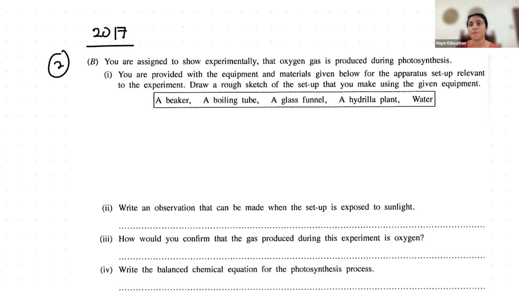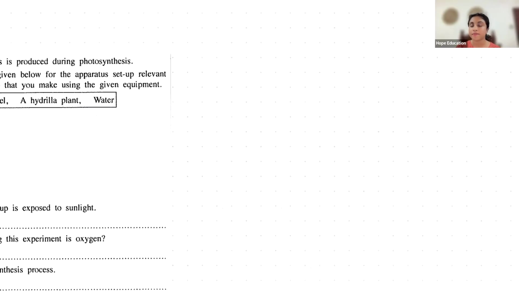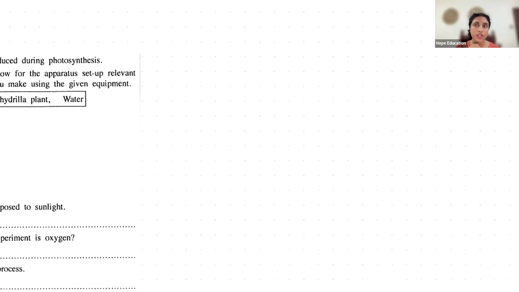Now, if you remember, what is the equation for photosynthesis? What are the reactants? Yes, carbon dioxide and water.